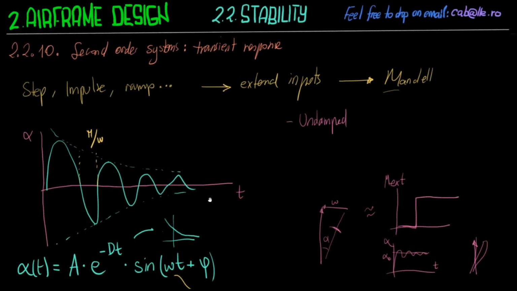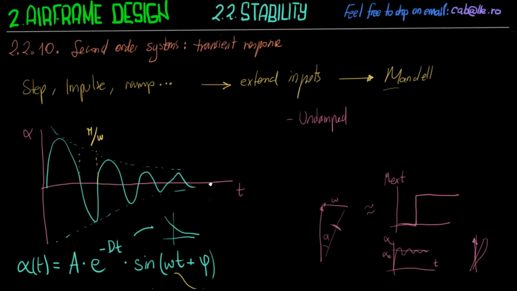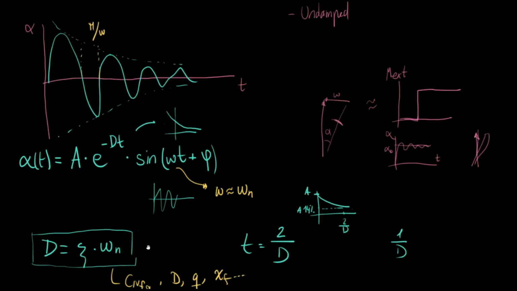Remember, if you want more details, use the tech manual. I'm not going to go into much detail on this. The most important thing you should note is that the inverse time constant is equal to the damping ratio times the natural frequency.